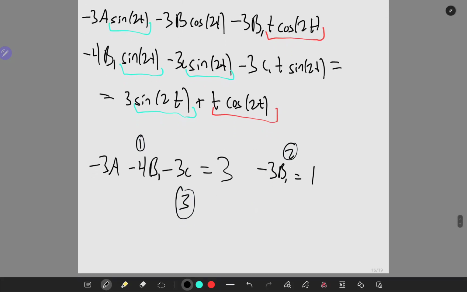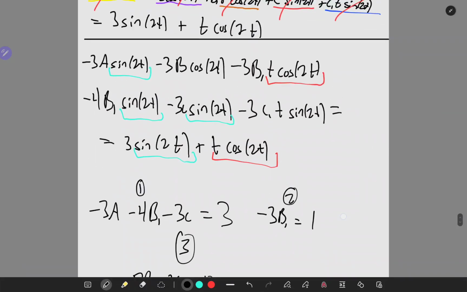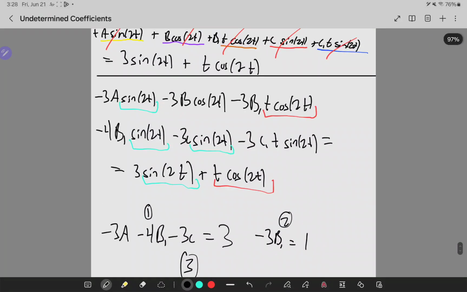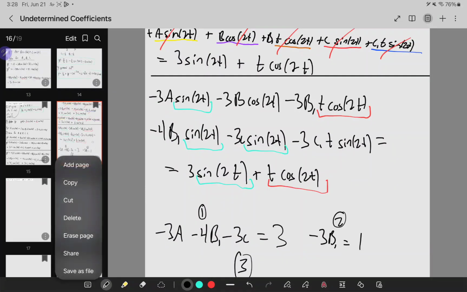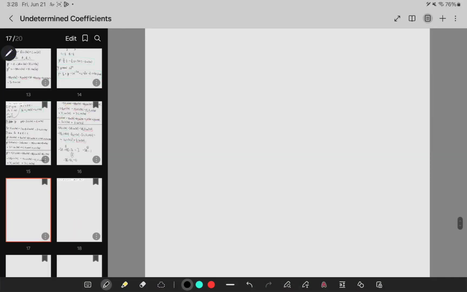In the third equation, we're going to have minus 3b, this is the ones that aren't highlighted, minus 3c1 is equal to 0. Okay? Yes, I'm seeing that this is going to work out exactly how I wanted it to. I need another page. Let's see. Add page.